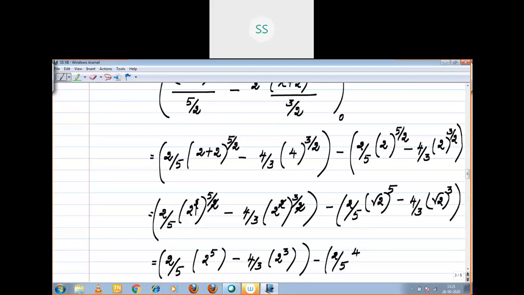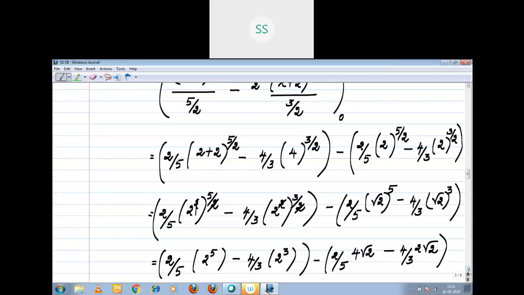So 4 root 2, minus 4 by 3 into 2 root 2. Got it, children? Root 2 into root 2 into root 2, 3 times. So when you combine 2 times root 2, you will get 2.